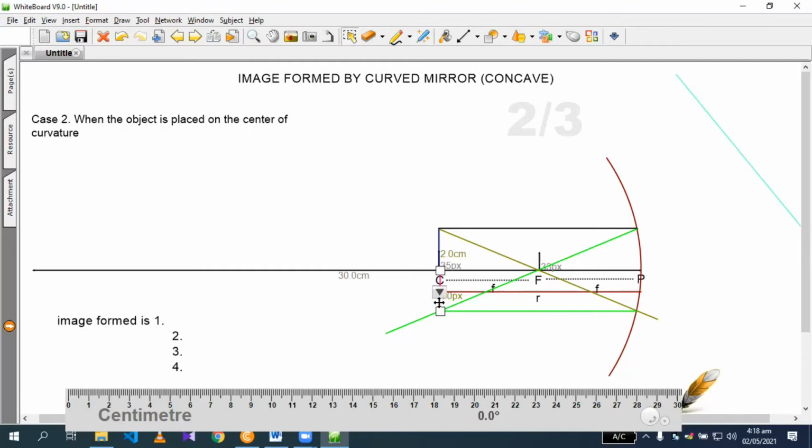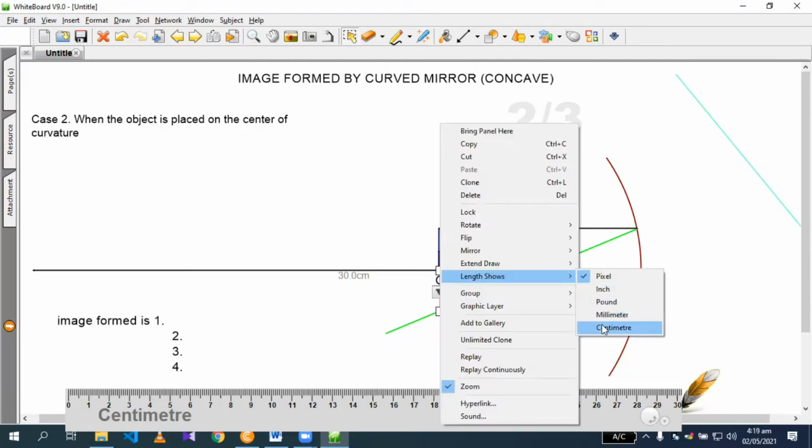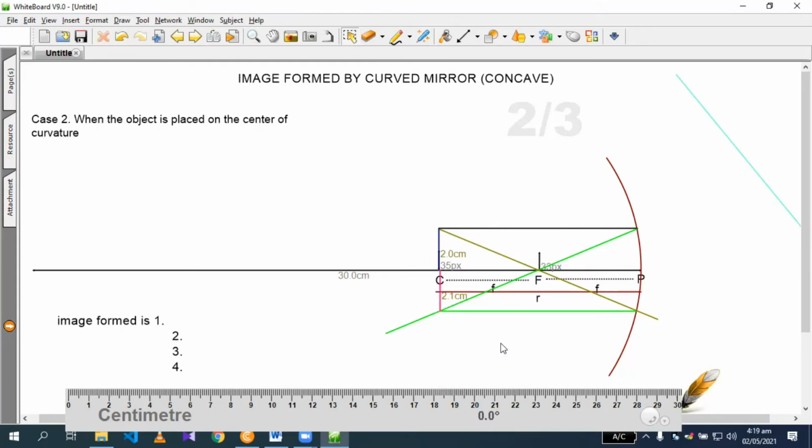That's very close actually. So we're having that to be what? 2.0 centimeter.